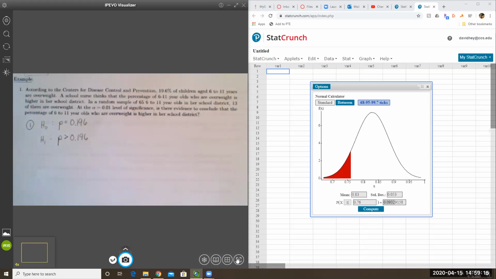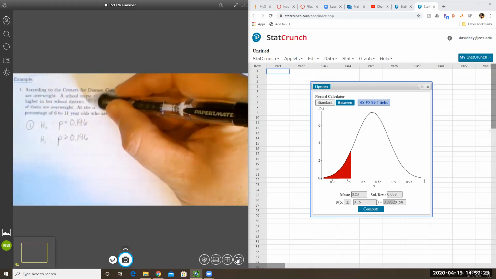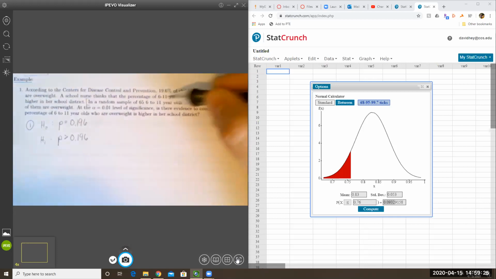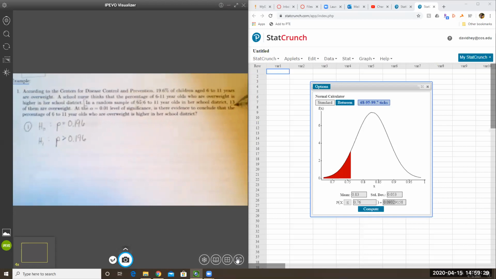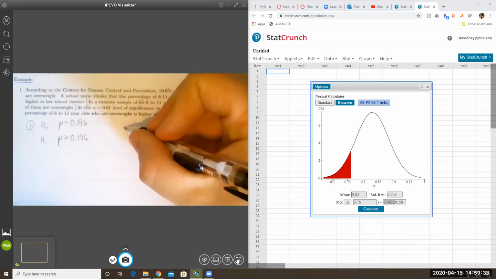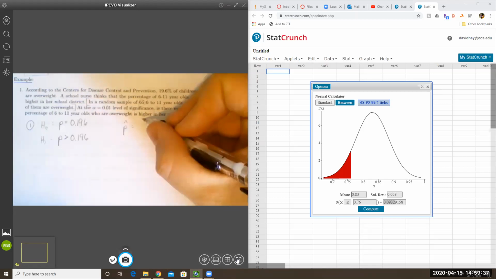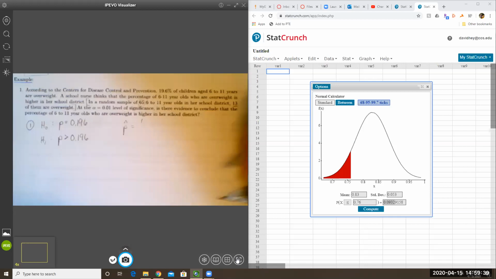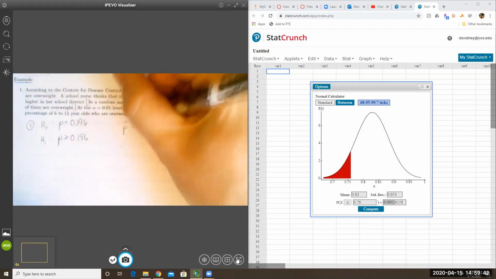Well, what sample evidence does she have to make her think that that would be the case? Her sample evidence is right here. It says in a random sample of 65 of her students, 13 of them were overweight. So in other words, her sample proportion was 13 out of 65.